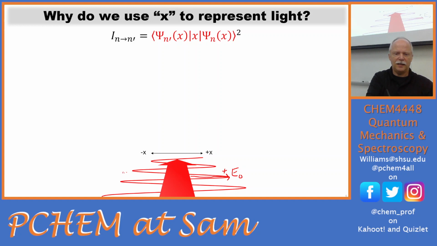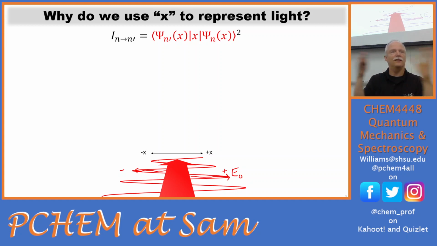And then on this side, it's negative. And so if you think about a line, like an electric field vector, with a positive end and a negative end, that has the same symmetry or the same mathematical basis as the x-axis. And so the x-axis is really just a stand-in for this electric field vector. Okay. It's also the axis for the wave functions, but we're just using it in two different ways.